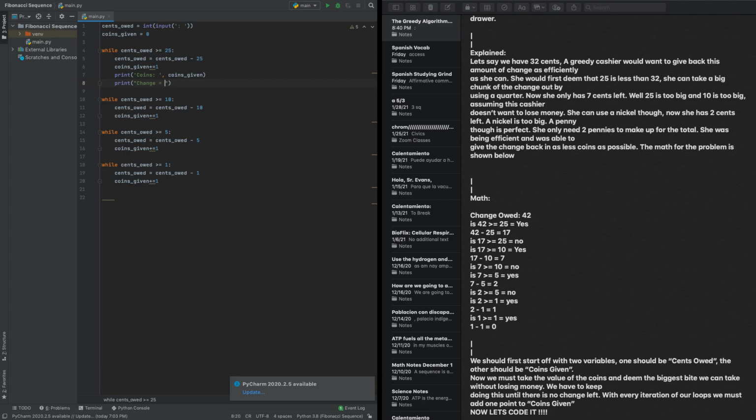The best thing about writing these algorithms is seeing the values change as the computer computes them, right? So what would change be? It would be cents owed. So now we just copy and paste this for every one of them so that we can see our values change. And then just keep on going.